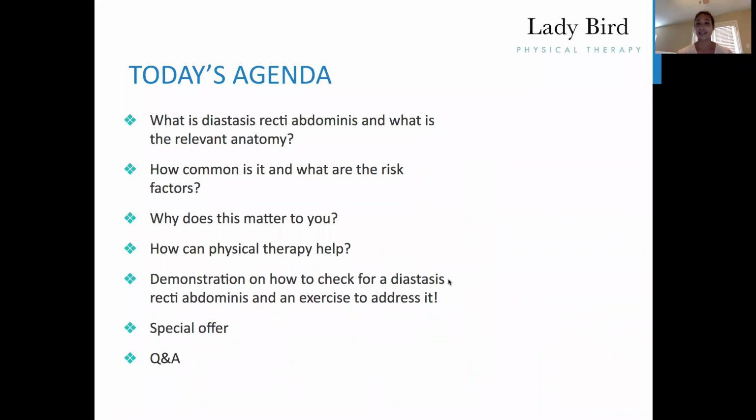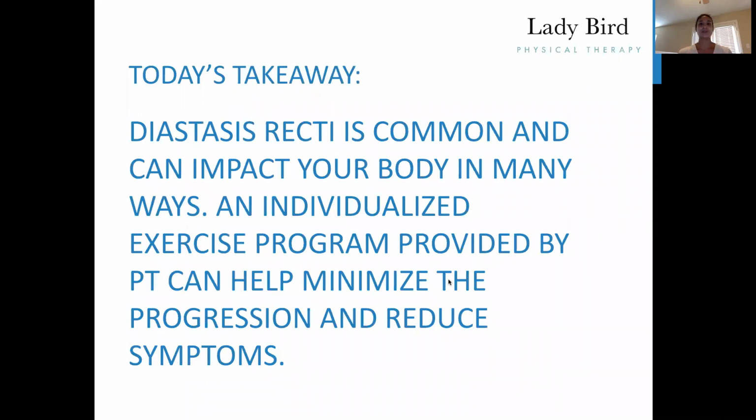Then I'll talk to you about the significance of this condition, so why does this matter to you? Then how can PT help? And then I'll demonstrate how to measure diastasis and also teach you an exercise to help address it. Then I'll talk to you about a little special offer we have going on, and then we'll have some time for Q&A.